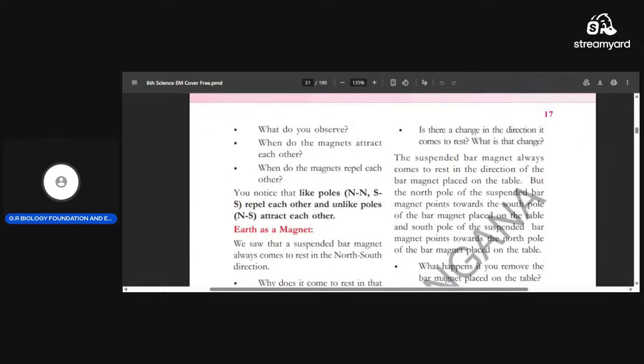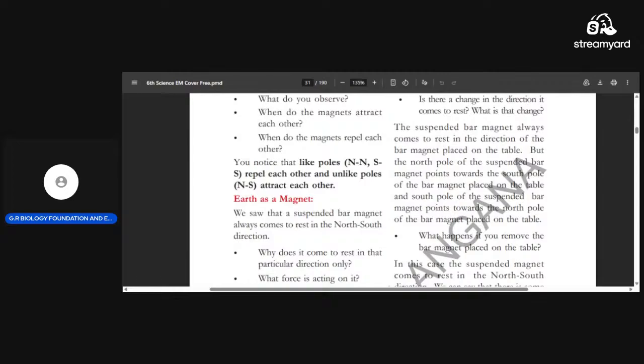I observe that south-south repel, south-north attraction is there. When do the magnets attract each other? Unlike poles, north and south. When do the magnets repel each other? Like poles, south and south repel each other, and unlike poles, south and north, attract each other.